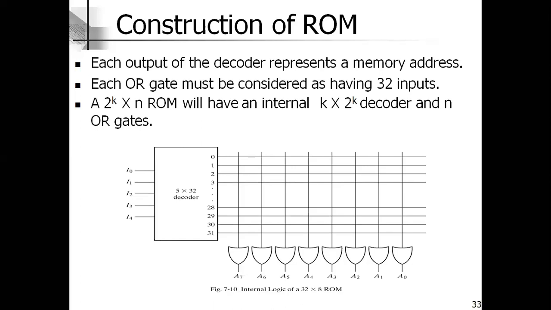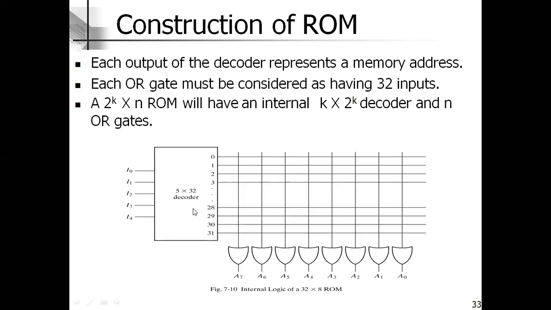For the problem statement, a 2 power k by n ROM here is 2 power 5 into 8 ROM, which will have one internal decoder.